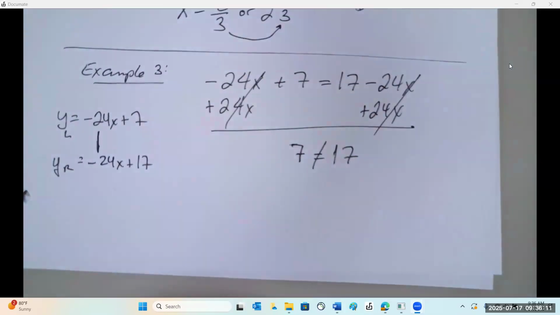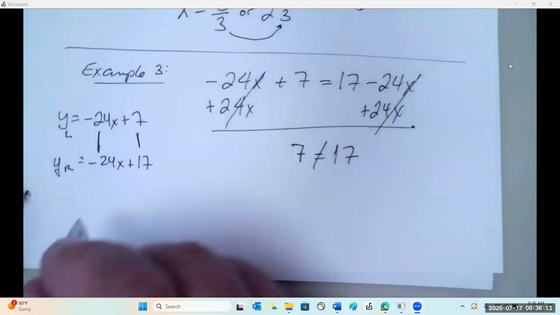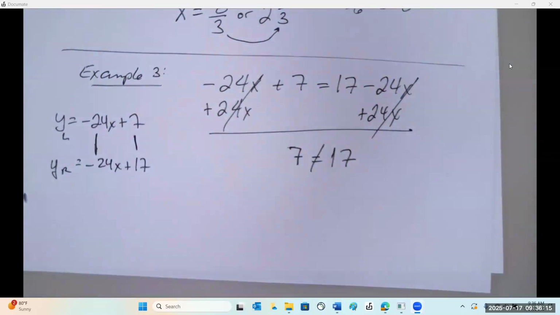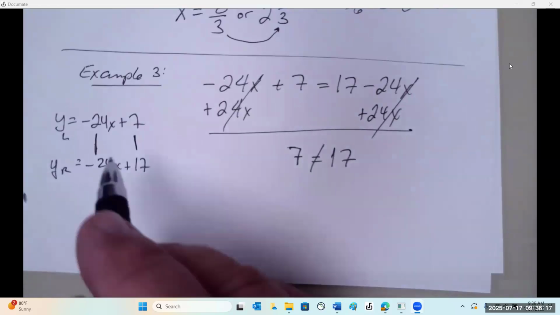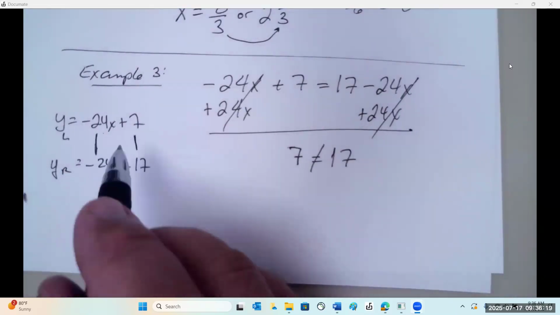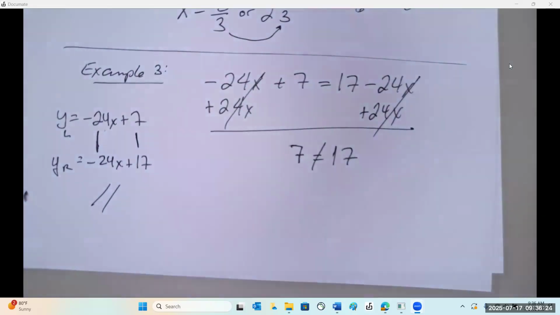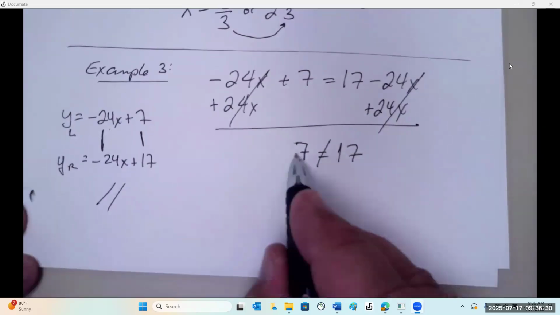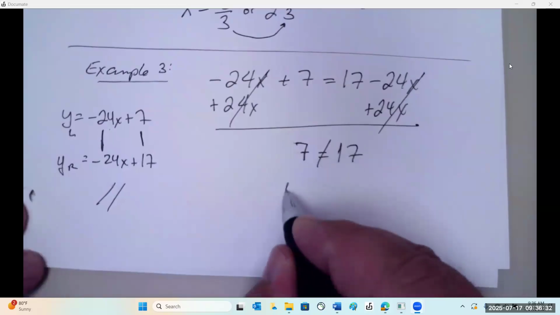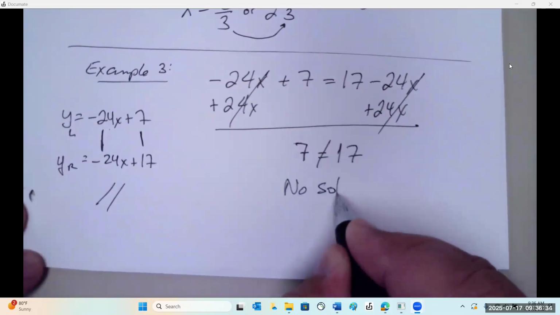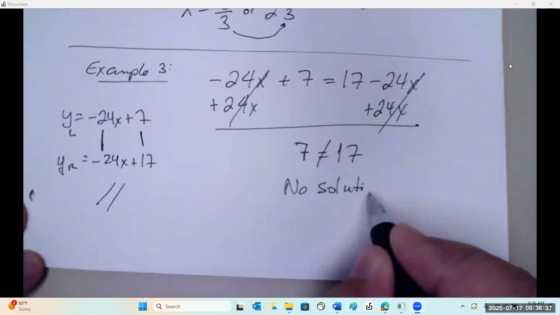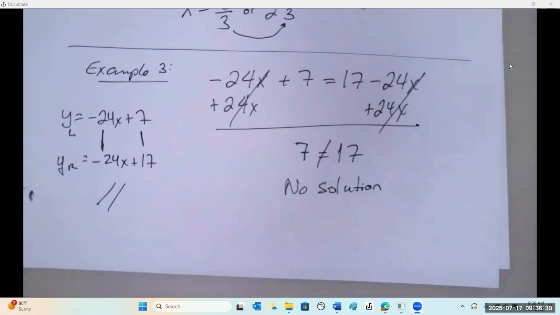What else do you notice? Different y-intercepts. If they have the same slope, different y-intercepts, how are they related? They're parallel. If they're parallel, how many solutions do they have? None. So whenever you get into this situation, there's no solution because they never intersect.